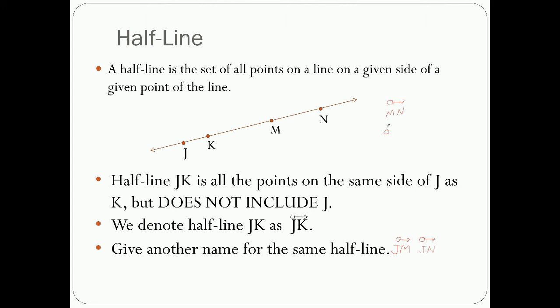We also could say half line NK. And so we write it this way. Half line NK means we start at N. The first one's always our starting point, and the second one always gives us a direction, so we want to go towards K. So that half line NK would actually be that half line, starting at N and then going to the left.